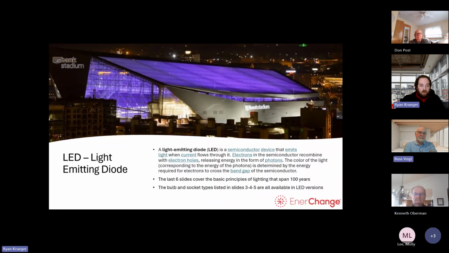But US Bank Stadium. So I was fortunate enough to do a tour of this building a couple weeks ago. They have probably 500 1,000-watt LED fixtures that are mounted on that second deck that light the field.